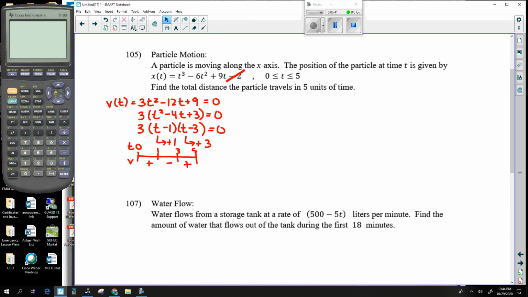Okay, so again, I'm just going to write what I just kind of said. So the integral of velocity is equal to the position without the end constant, so without this minus 2.